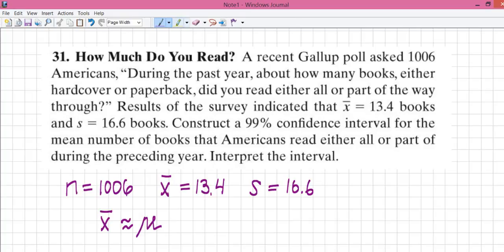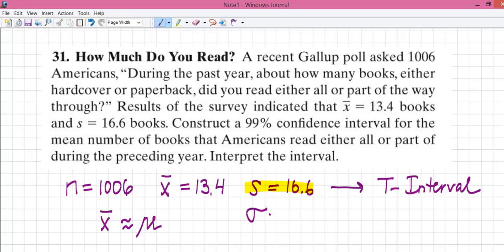So how do I know which command to use? And that's a question that I get asked all the time. Which one do I use? Well, it depends on the standard deviation. You're always given some sort of standard deviation. If it's sample standard deviation, then we will be using T interval. S stands for sample standard deviation.